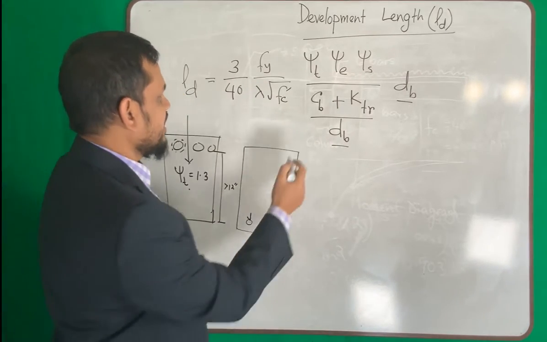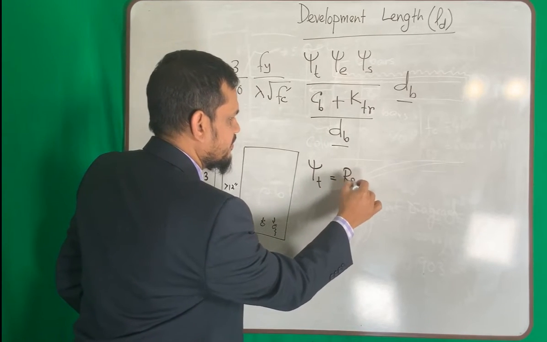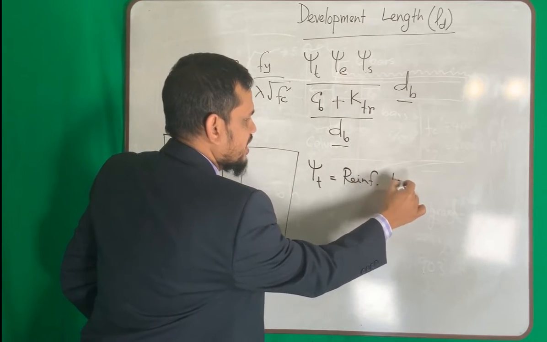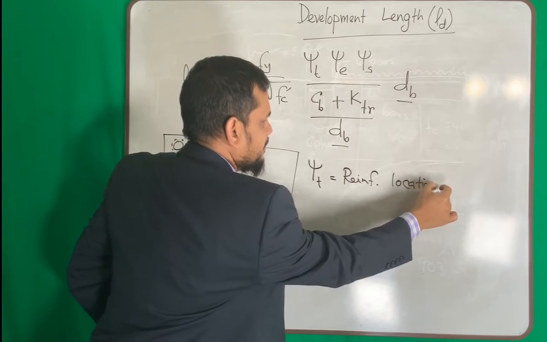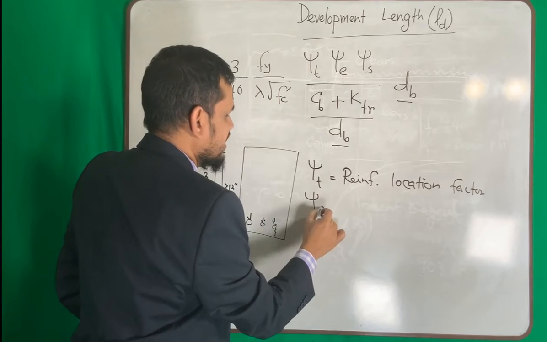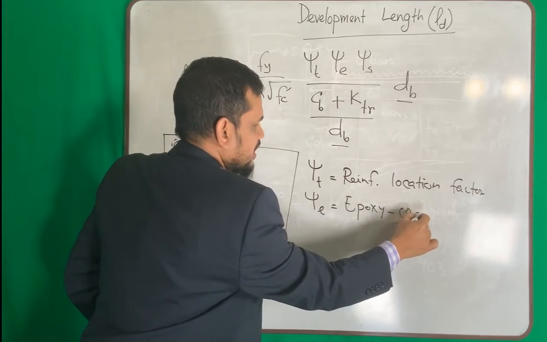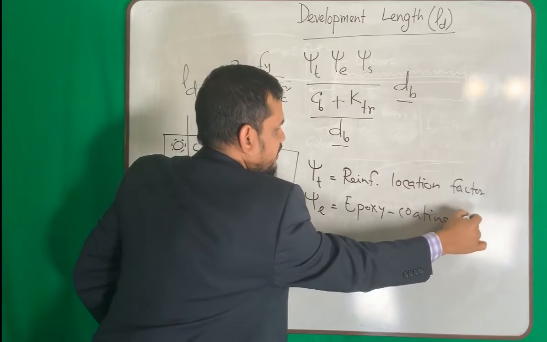Next, if I write it, psi t is simply the reinforcement location factor. Then psi e, epoxy coating factor.